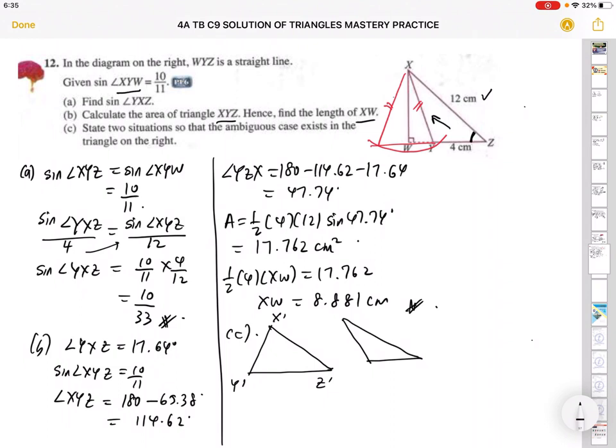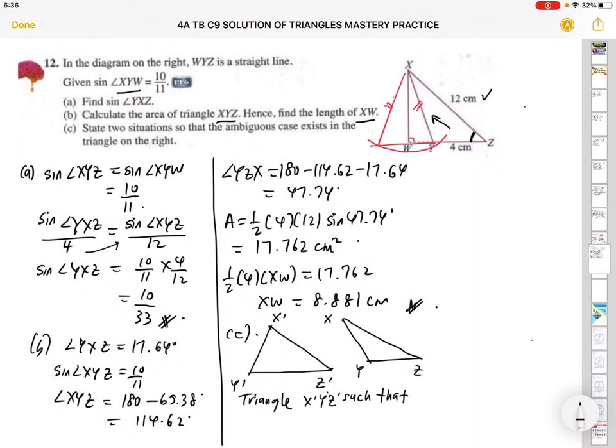So now you have to state the two situations. The first will be, what can we say? My first triangle is triangle X prime, Y prime, Z prime, and I purposely put prime so it's easier for you to compare. They must have two equal sides and one equal angle.